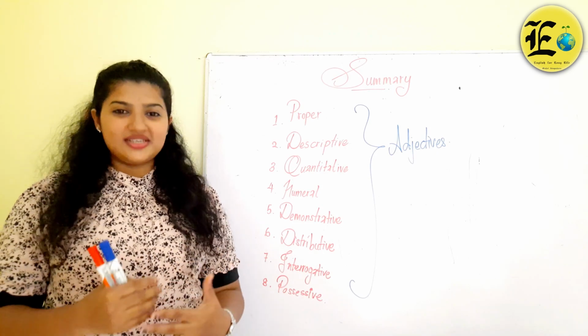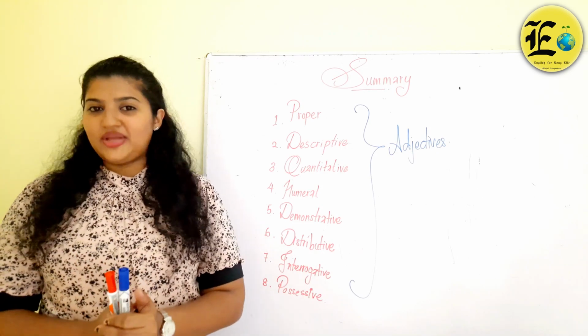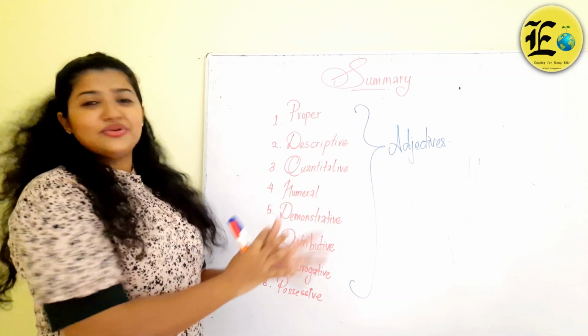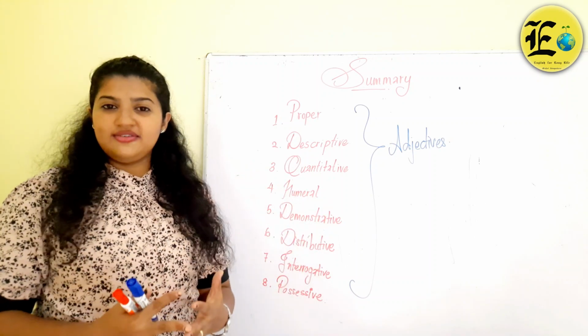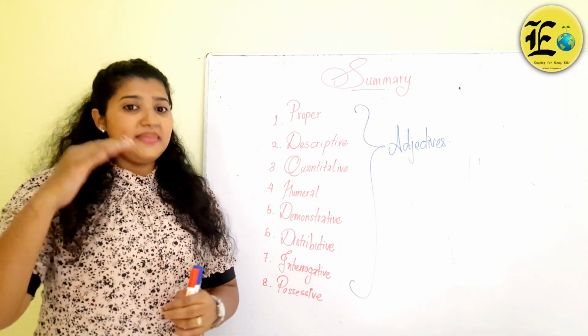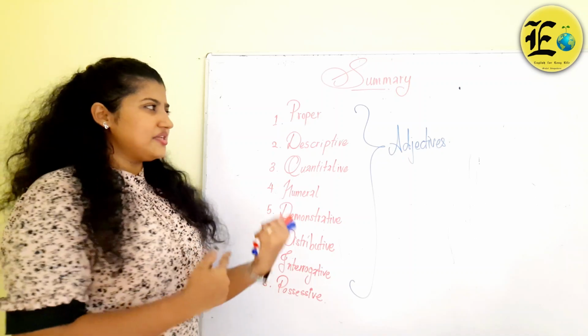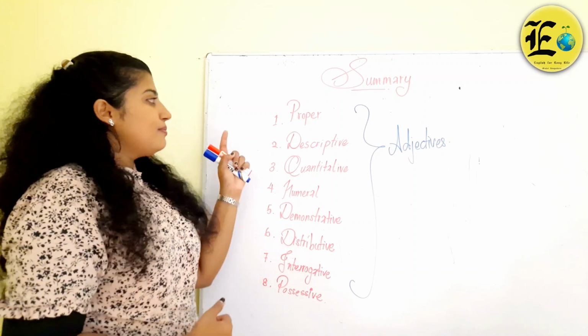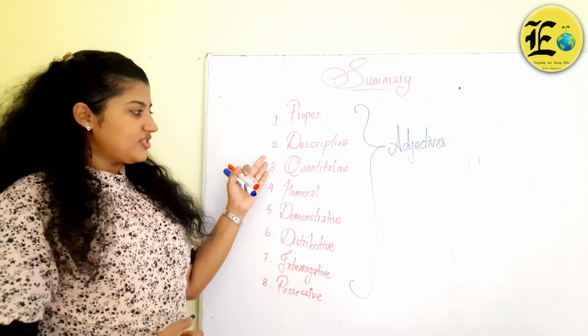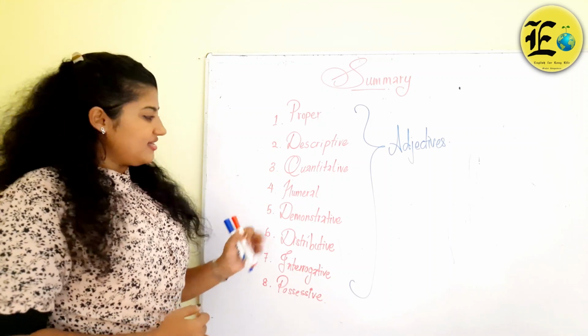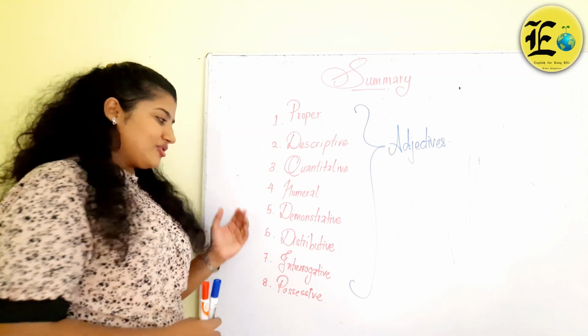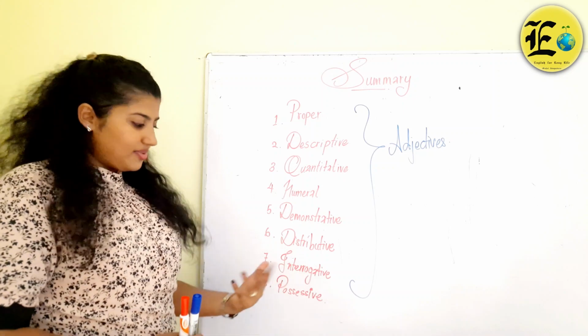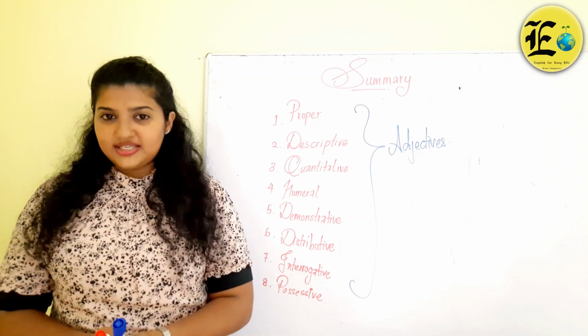Now let us brief ourselves regarding the discussion today. We came up with the definition of adjectives, and then we discussed the main 8 categories which come under adjectives, which sounded like proper adjectives, descriptive adjectives, quantitative adjectives, numeral adjectives, demonstrative, distributive, interrogative, and possessive adjectives.